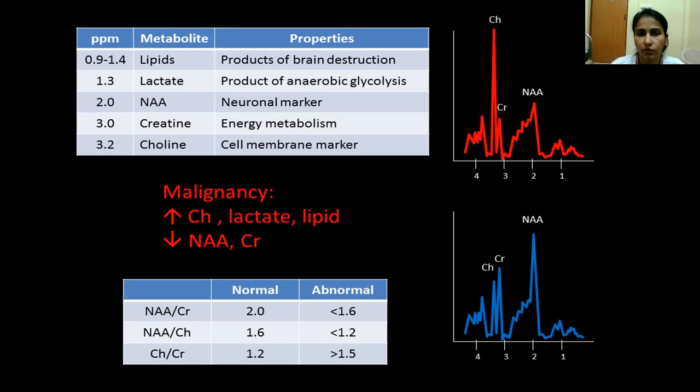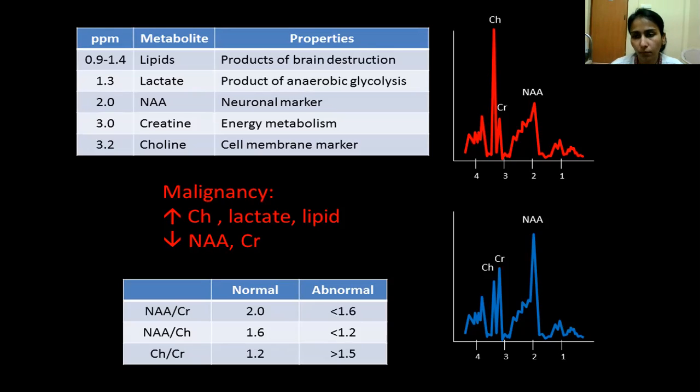Then NAA, N-acetyl aspartate, that is a neuronal marker. It is a component of neurons. It is seen at 2 ppm. Then on the left side is creatine, and to the left of creatine is choline.